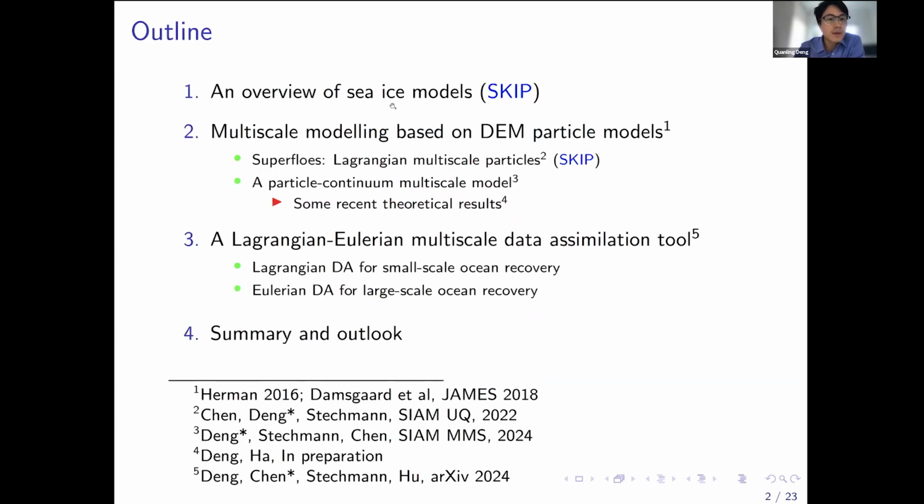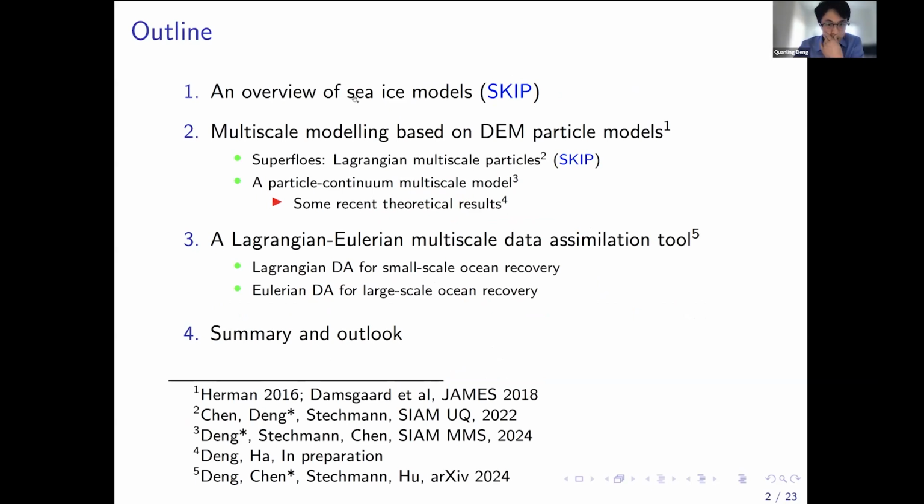So this is the outline of my presentation. First, I will skip this overview of the CIS models. There are a series of models like the continuous models, and then some other particle models recently.